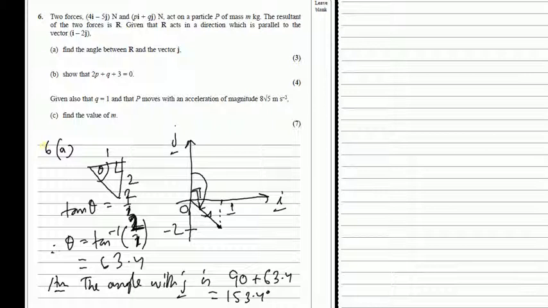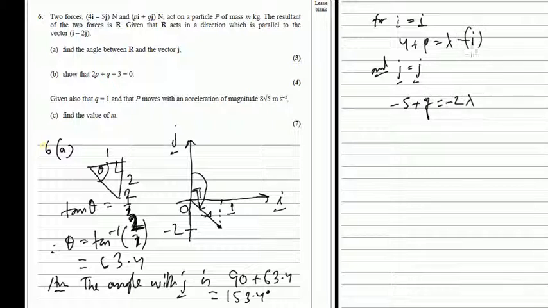So if we equate the two, what happens? For i equals i, we will get 4 plus p equals lambda, and for j equals j, we'll get minus 5 plus q equals minus 2 lambda.